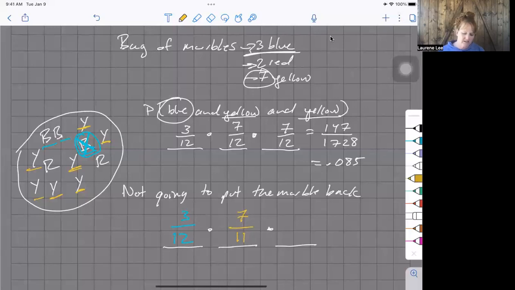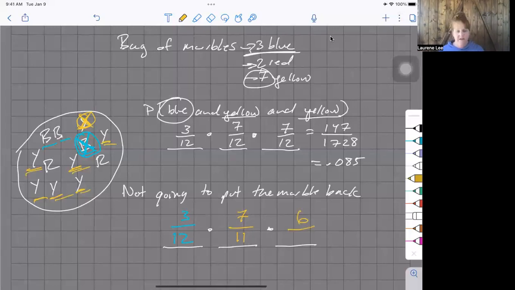Now I want to get another yellow. Okay, well, what happened? In the second event, I went in, I grabbed a yellow and I took it out. So now this yellow is gone. So now how many yellows do I have? I have 1, 2, 3, 4, 5, 6 yellows because I pulled one out the draw before. And how many total do I have?